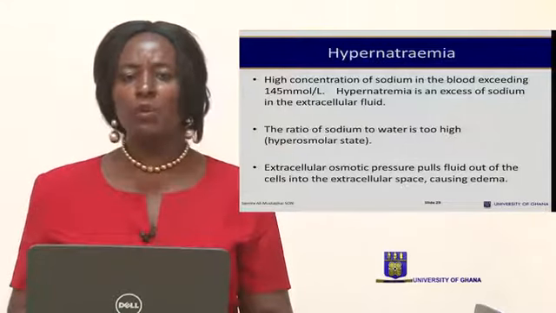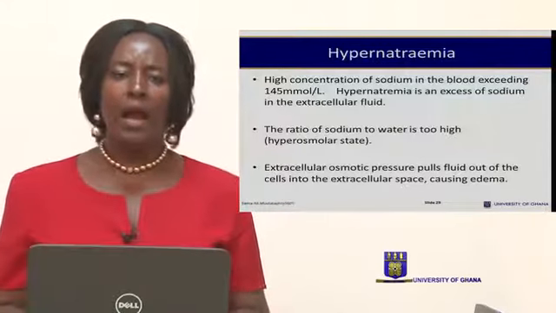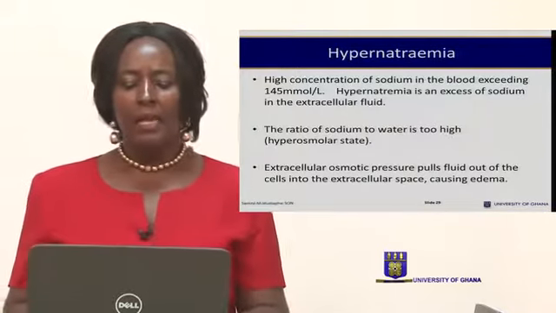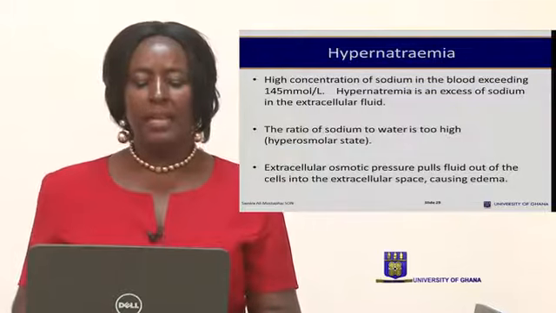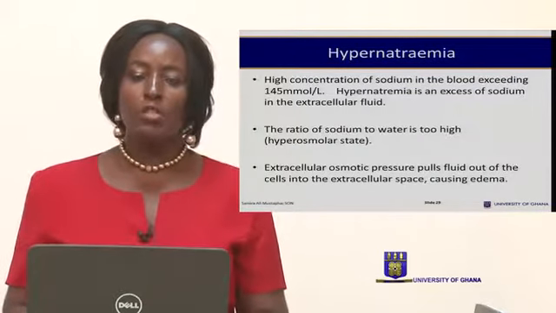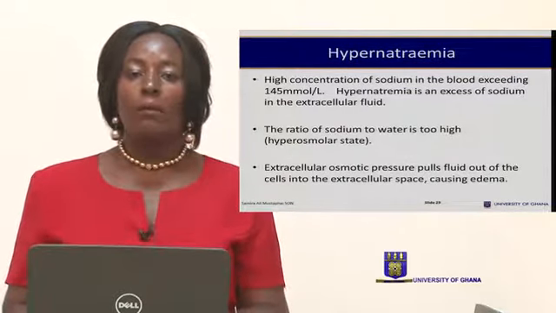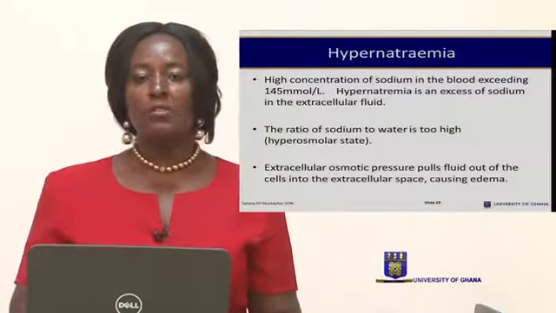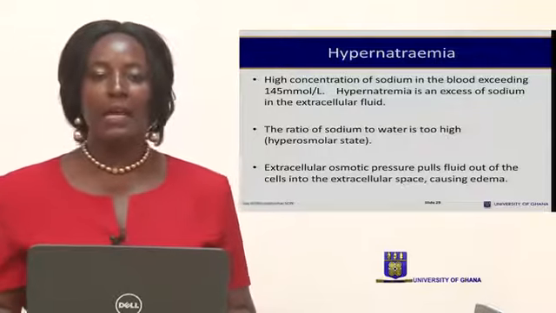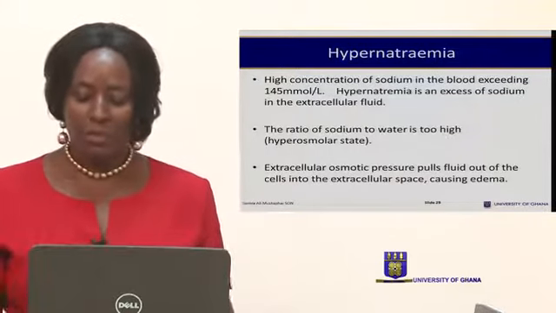The ratio of sodium to water is too high and results in a hyperosmolar state. And the extracellular osmotic pressure pulls fluid out of the cells into the extracellular fluid, and as we said earlier, this results in edema.